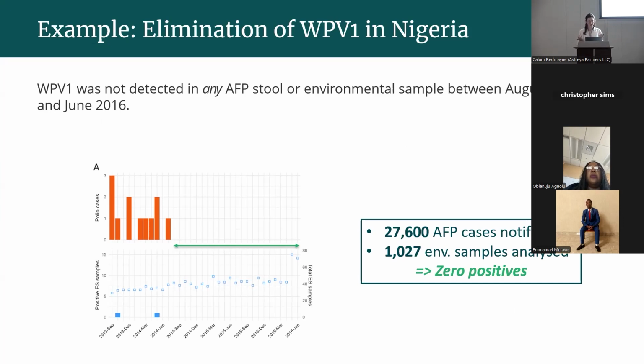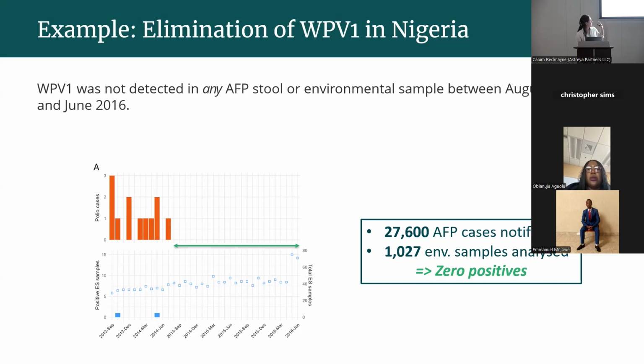There were no positive results. So we wanted to look back at the surveillance performance data and the amount of activity that was going on with respect to these two surveillance components during this period to understand what level of confidence in underlying elimination would have been achieved during this period of 2 years, how much evidence would have accumulated.